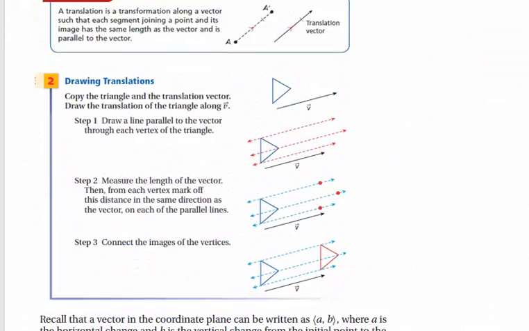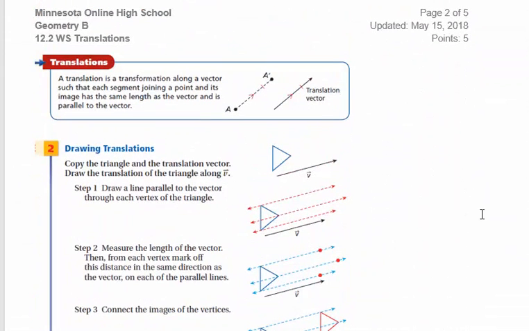Then in the next section, this is how we would translate something on paper with a vector. We've talked about vectors before. They tell us the direction that something needs to move and also the distance.